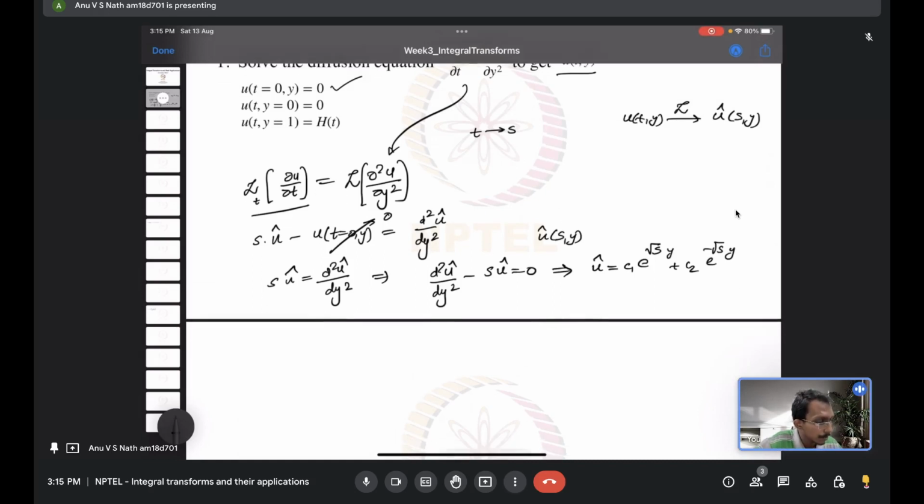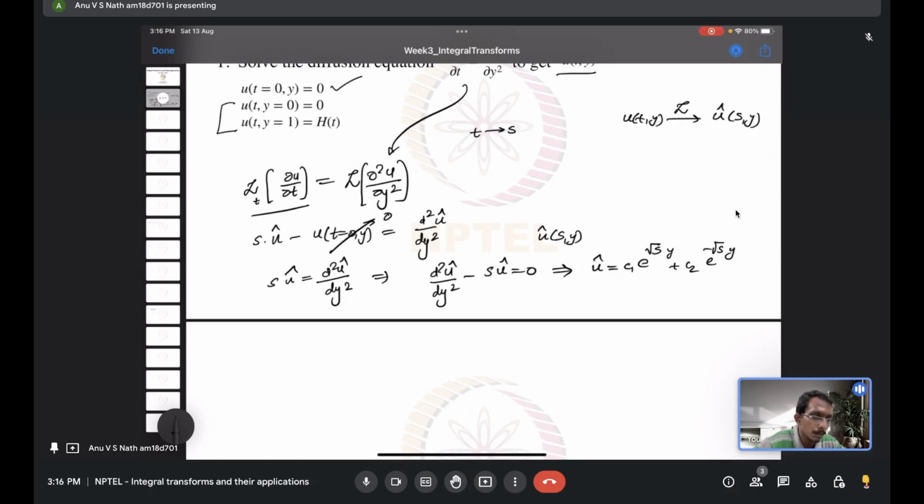Now we want to apply the next boundary condition. Sorry, we have applied the initial condition. Now we want to apply the boundary conditions. So we have two boundary conditions remaining. At y equal to 0, the velocity is 0 always. That means the bottom plate is fixed. That's why the velocity is 0 always.